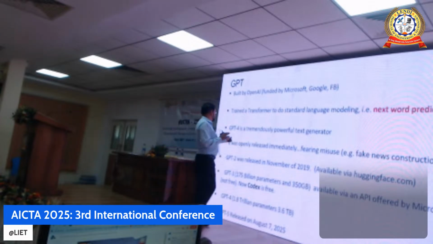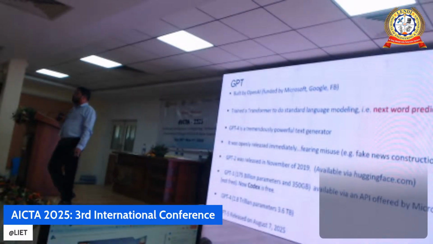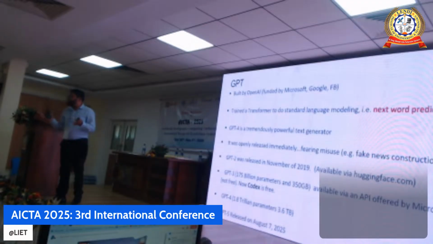If you see GPT, GPT-2, GPT-4, the different versions I have given here, the number of parameters is different. What are those parameters? In a deep neural network or any neural network, you have a number of parameters passing from layer to layer, right? These are learnable parameters. It learns something from the data. Then after learning, when you give a new task, it automatically gives the solution.